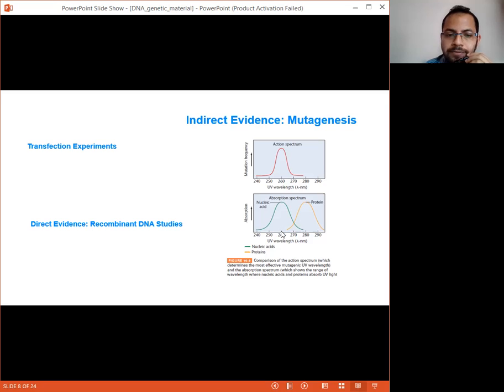But if you overlap this graph with this graph, you will find that only for DNA or nucleic acid these graphs are overlapped. That means the action spectra, which is equivalent to mutation frequency, and the absorption spectra at 260 nanometer are overlapping, but that is not true for protein.